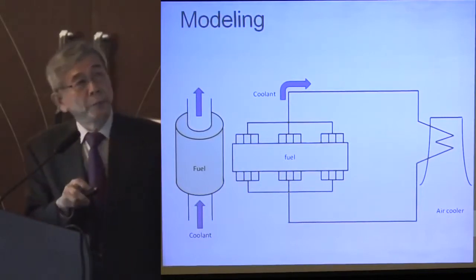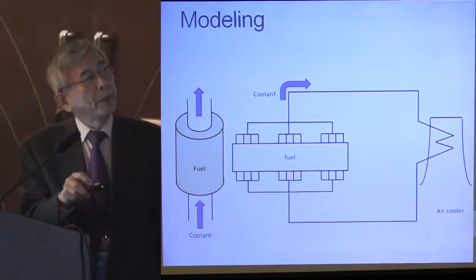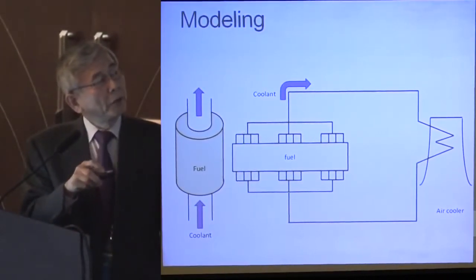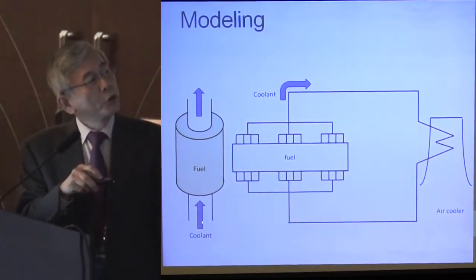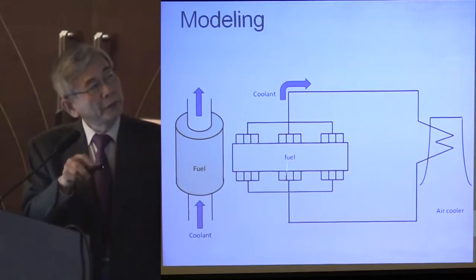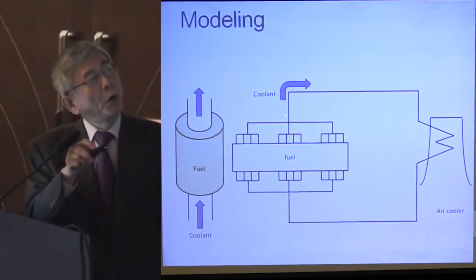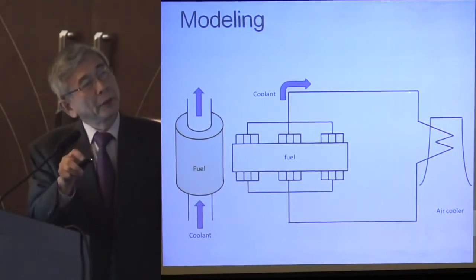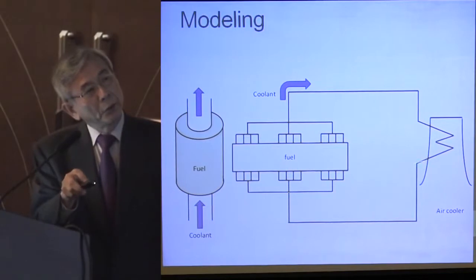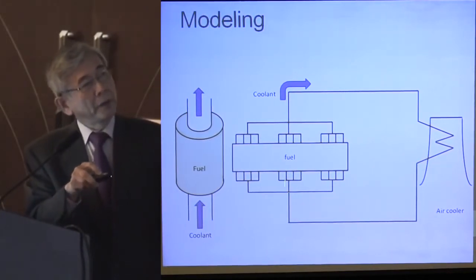The modeling of the RHR system is very simple. This is the drain tank, and we set coolant tubes in the fuel tank. The coolant is gathered into a pipe, goes to the air cooler, and goes back to the drain tank.